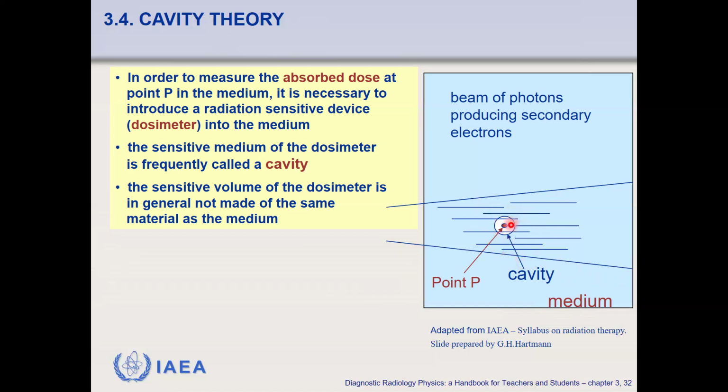So the medium inside the dosimeter differs from that of the surrounding medium. So when we introduce cavity theory, what we need is to find this relationship between the dose deposited in the cavity and that deposited in the surrounding medium.